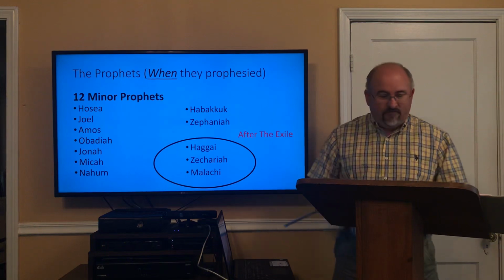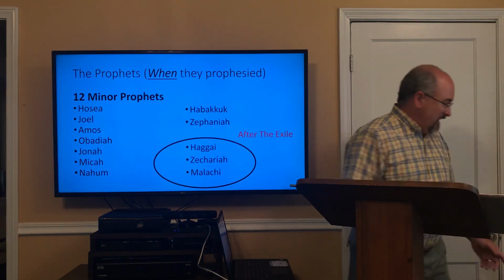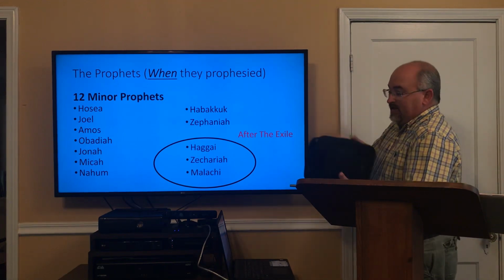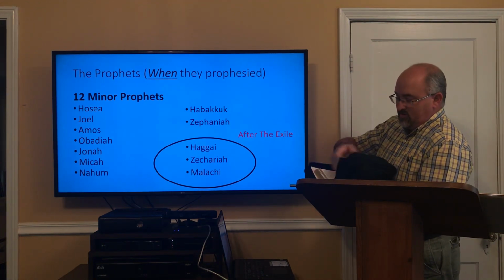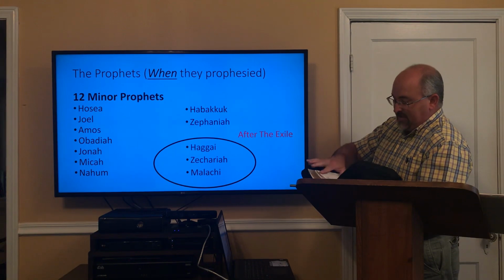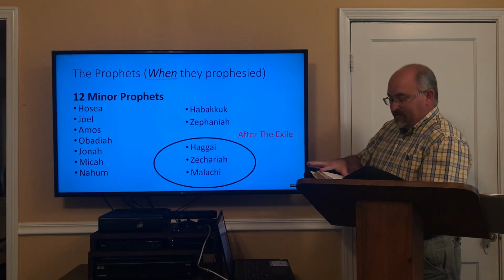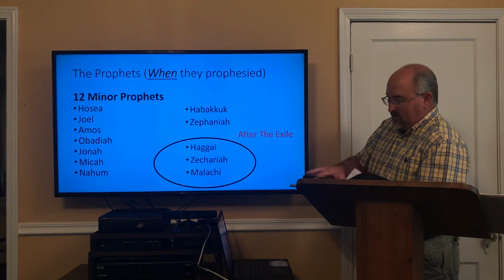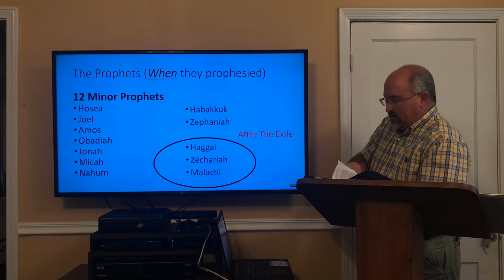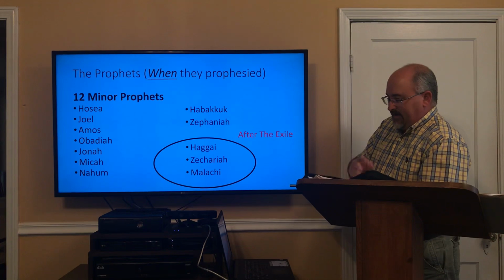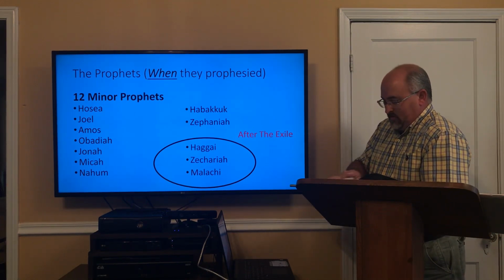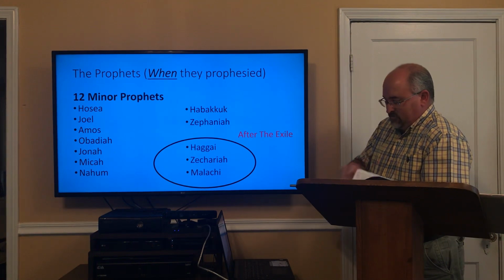Okay? Now, if you want to take your Bible, I would almost encourage you to do this. If you take your Bible and go to your page that has all the books of the Bible listed for you, that you go to very quickly to know which book you need to look up and find, and I'm not going to find it in my Bible. I should have, because my Bible has all this study stuff first.